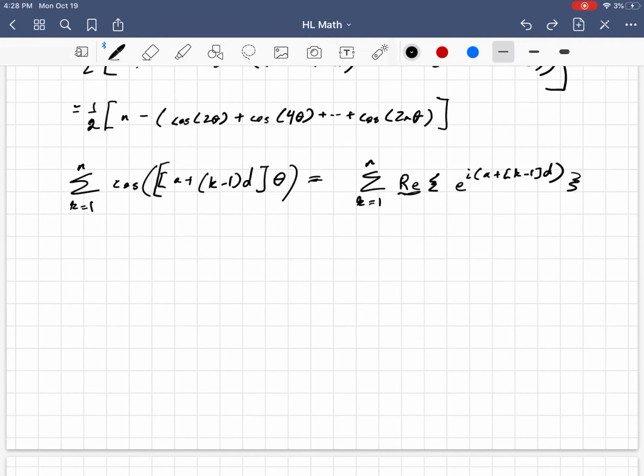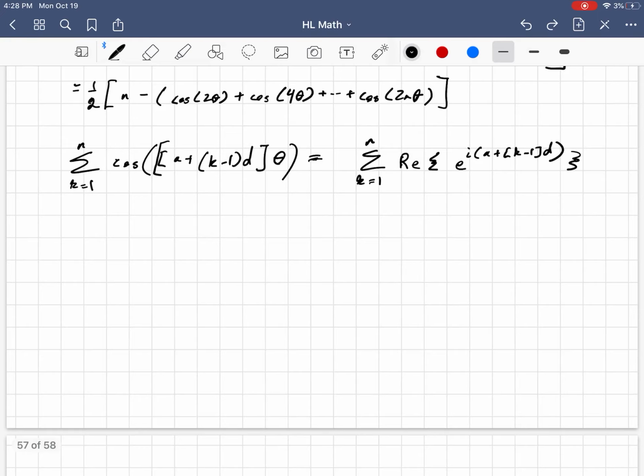And recall from pre-calculus, and you can prove this using Taylor series in calculus, that e to the i theta is cosine theta plus i sine theta. And so we would therefore define the real part of, say, e to the i theta to just be cosine theta. And so it literally is just taking the real part, anything that doesn't have an i on it, of this expansion of e to the i theta.